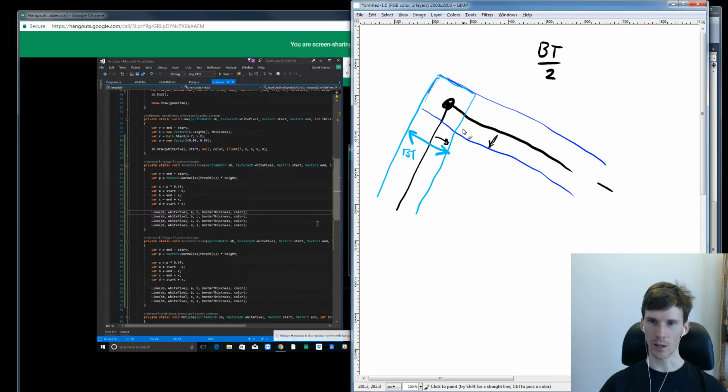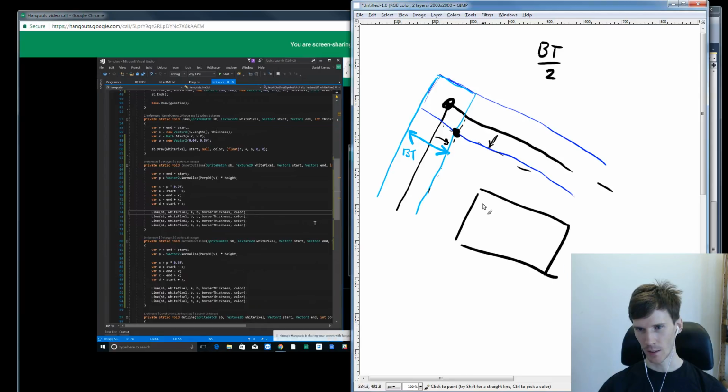When we move this line in by that much and that line in by that much, they form an intersection here. So what you end up with is another rectangle like that, the same A, B, C, D thing, and they've just all moved in by the border thickness. So that's the goal.